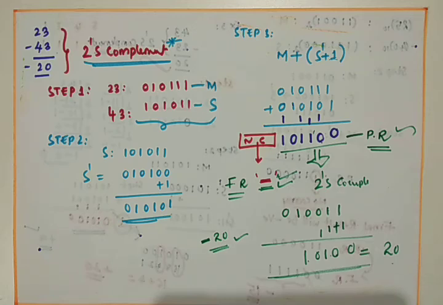Computers deal with binary numbers only, so by making use of 1's complement and 2's complement, subtractions can be performed inside the computer in the form of addition.